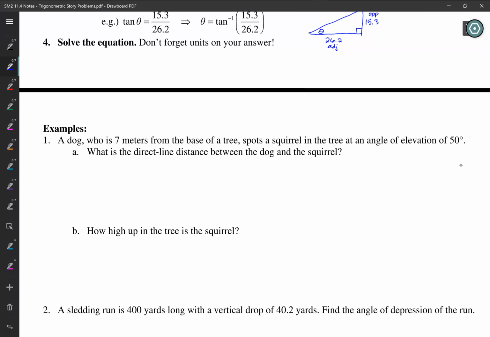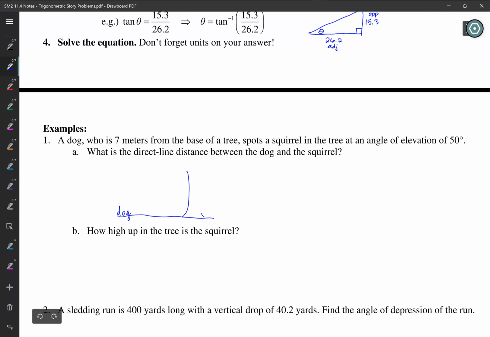So here's our first situation. We have a dog, and the dog is 7 meters from the base of a tree. And the dog sees a squirrel in the tree at an angle of elevation of 50 degrees. All right, so we've got a dog, which I can't draw, so I will very cleverly write dog.